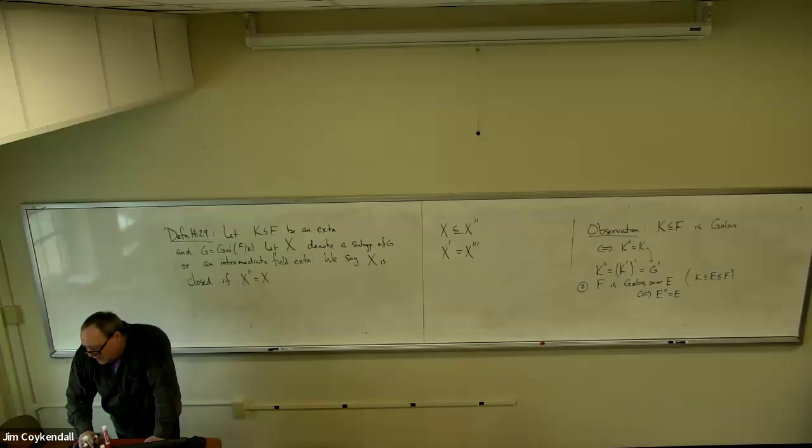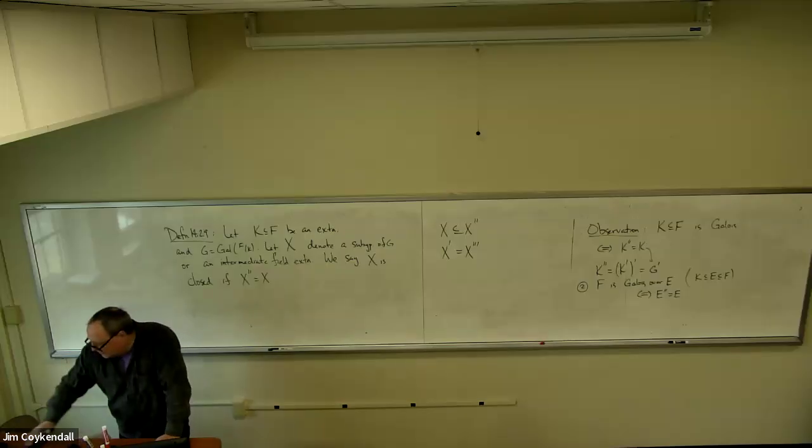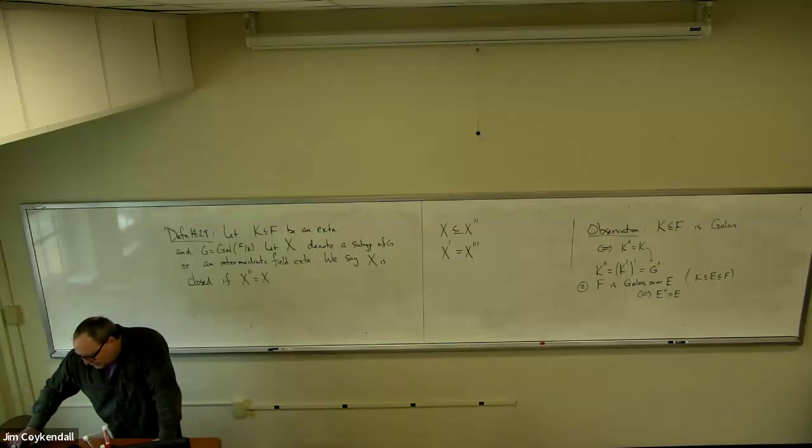So in a certain sense, we're almost there. We've got what I said was going to happen in the fundamental theorem of Galois theory, at least where we're talking about closed subgroups and closed fields.